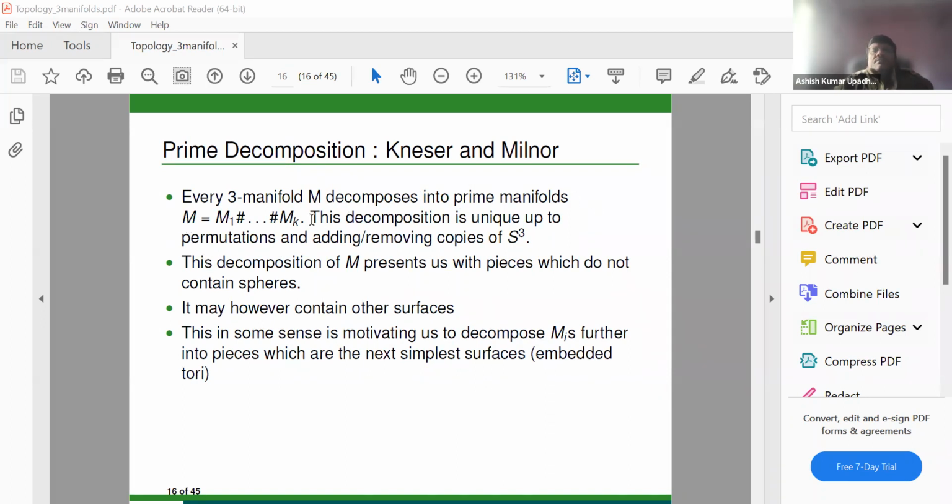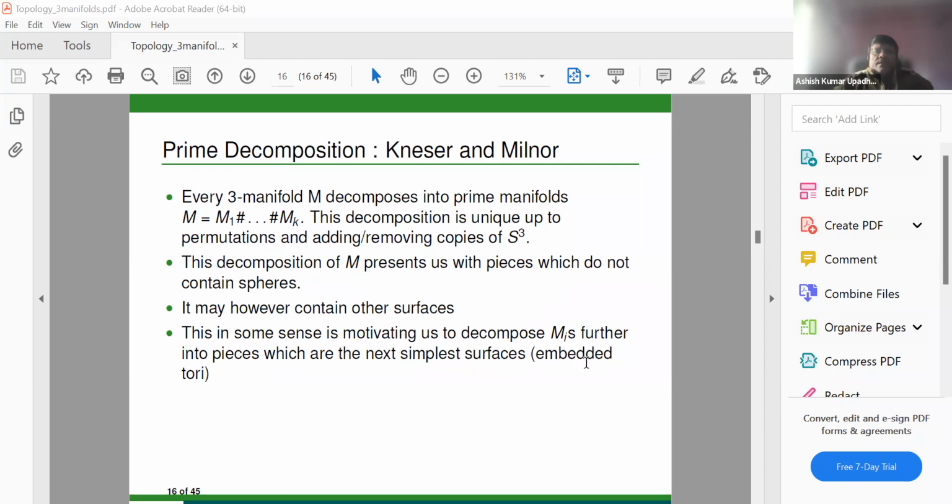So every 3-manifold decomposes into prime manifolds like this, and this decomposition is unique up to permutations and adding or removing copies of S3. If some of these Mi are spheres, then we can neglect them, and it is unique. Permutation means you can change the place of these factors, the Mi.